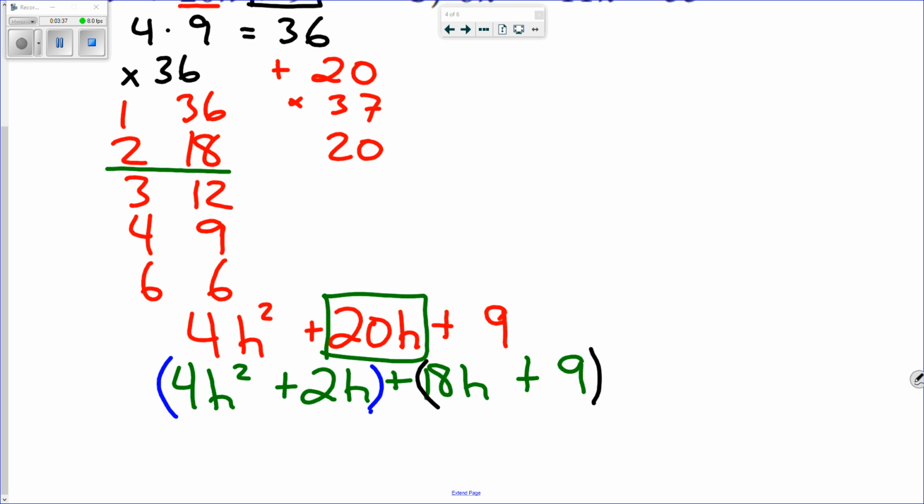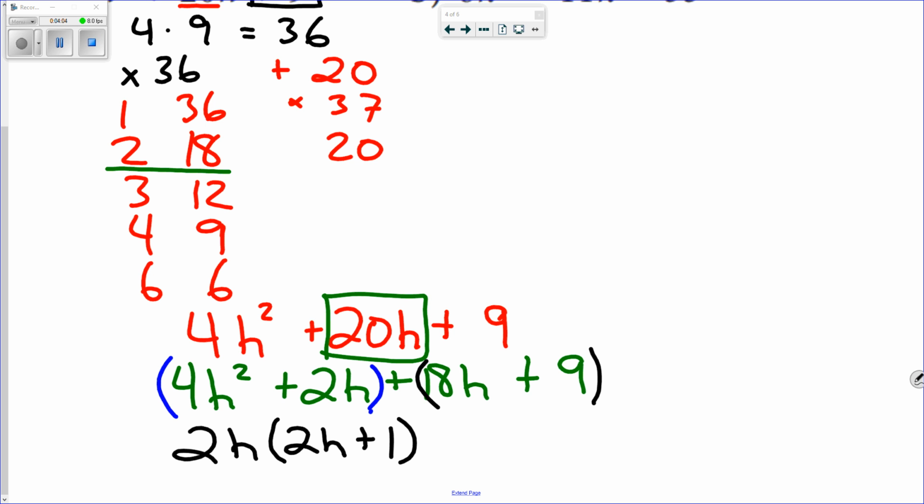Right, so let's look at that first set of brackets, 4h squared plus 2h. So we can factor out, what can we factor out of there? We factor out a 2 and then h. So we factored out the 2h, we're left with 2h plus 1.